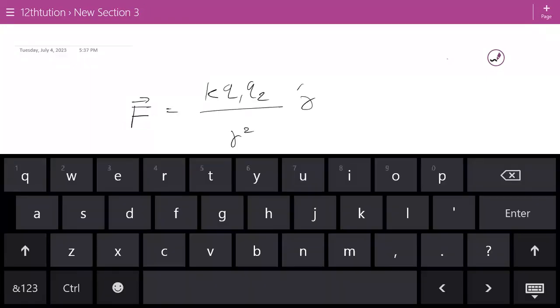So we said that it will be equal to Q1 Q2 by R square R cap. That's what we said.